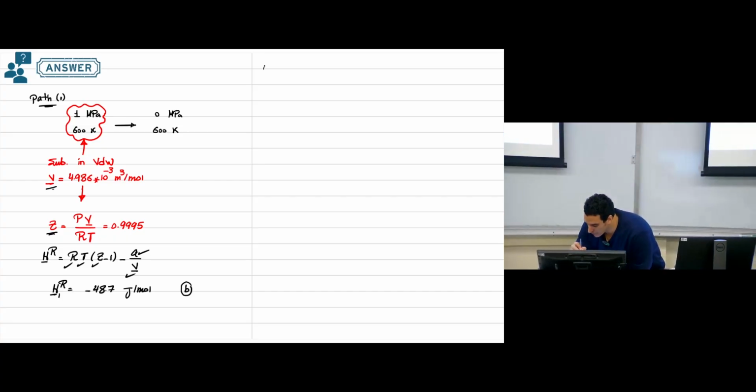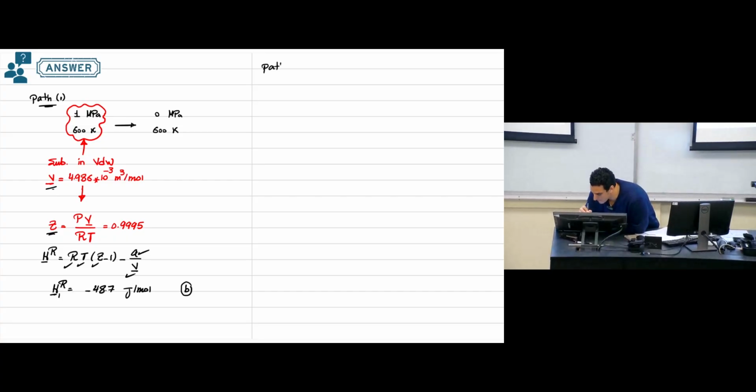Then we will go to the third path. So for the third path, we have 0 megapascal, 400 degrees Celsius, and this should change to 0.2 megapascal and 400 degrees Celsius.